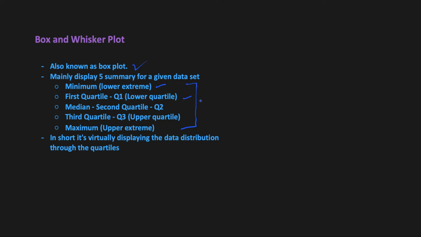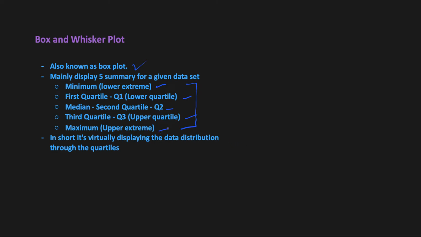A quartile, as in like 4, means you can divide the entire data set into 4 areas: lower quartile, middle quartile, and upper quartile. So Q1, Q2, or Q3. Q2, the second quartile, is also known as the median. Third quartile Q3 is also known as the upper quartile, and then the maximum, which is also known as the upper extreme.